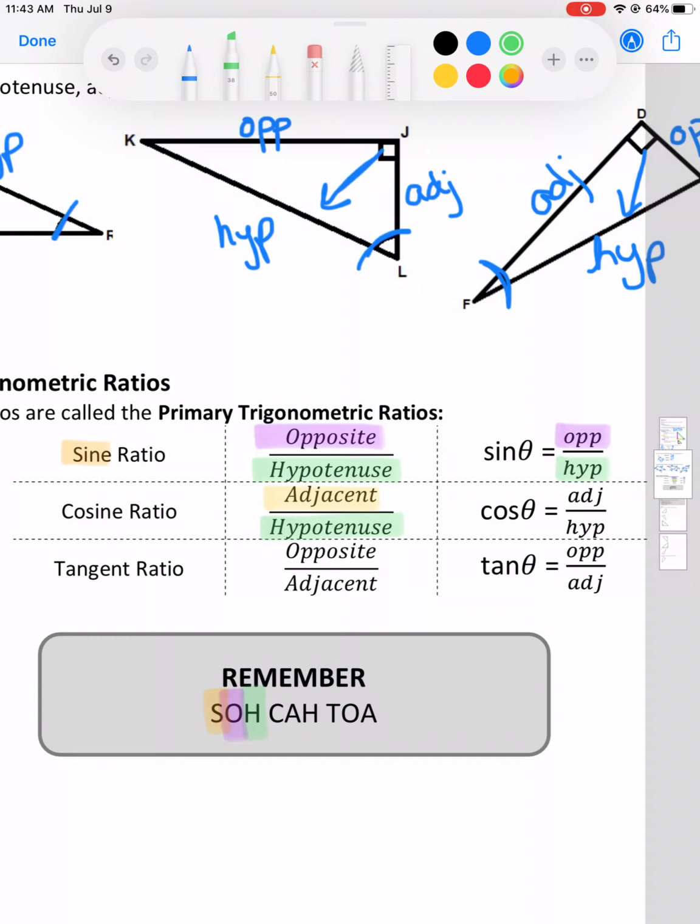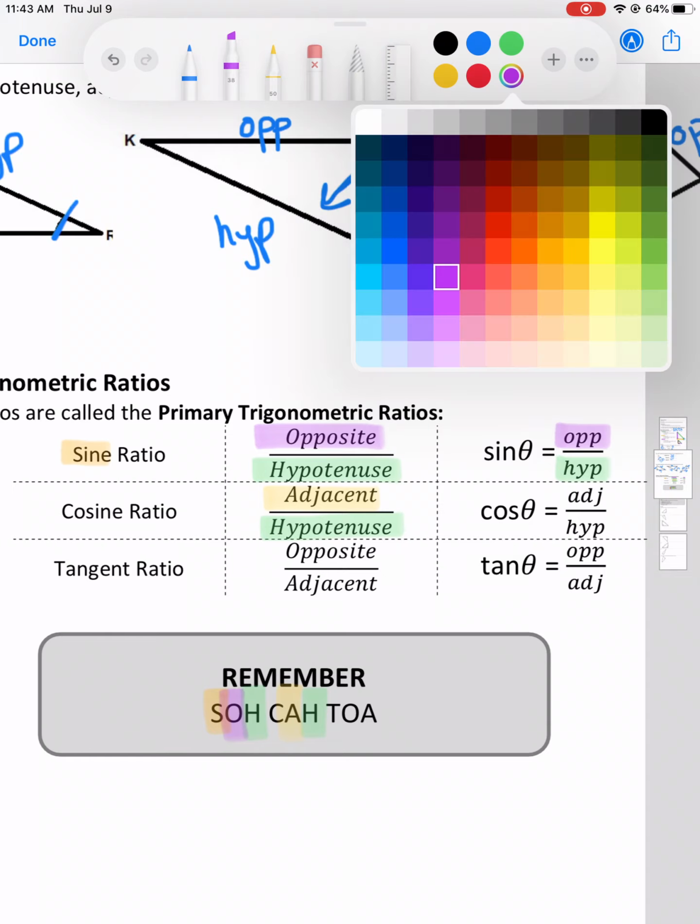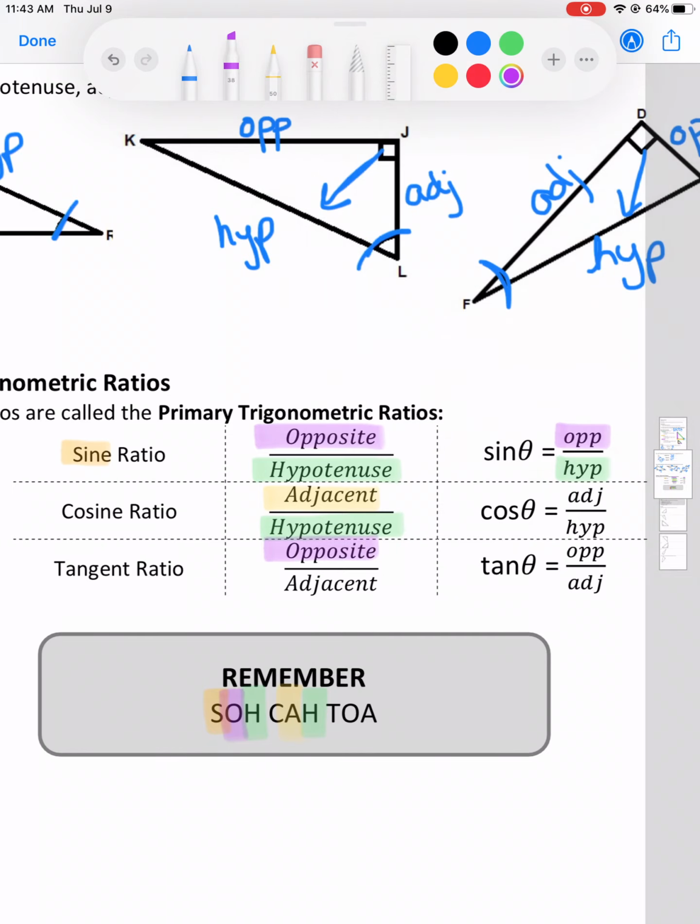So again, CAH is our adjacent over our hypotenuse, and that's why it's CAH, C-A-H. And then last but not least, we have our opposite over our adjacent this time. Okay, so as you can see for this one, there's no hypotenuse. Okay, so this tells us which ratio we have to use depending on what we have.